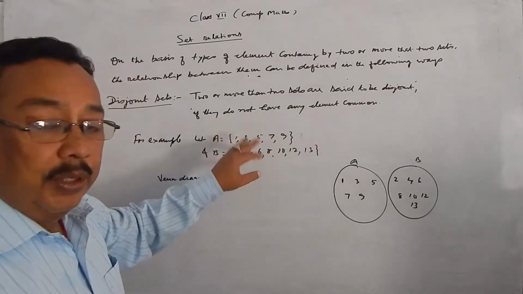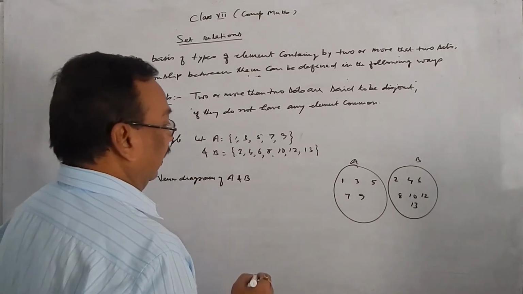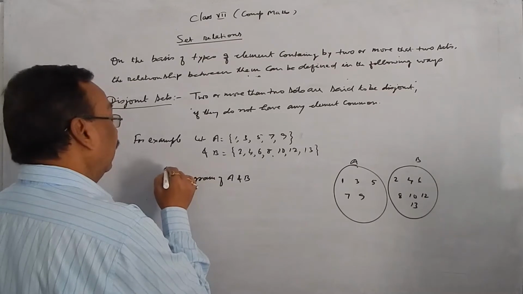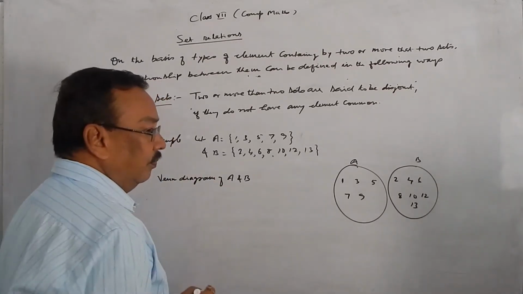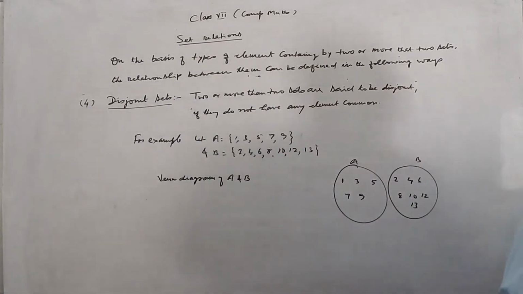Here there is no common element. That is why it is called a disjoint set.